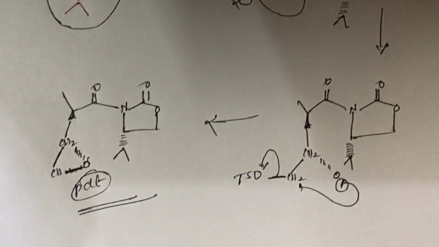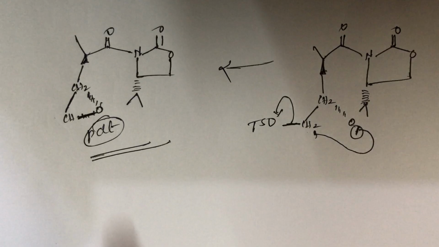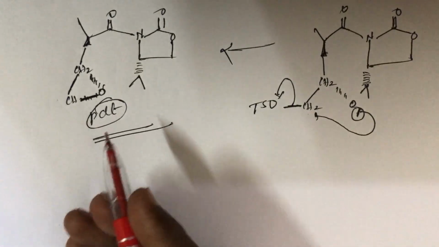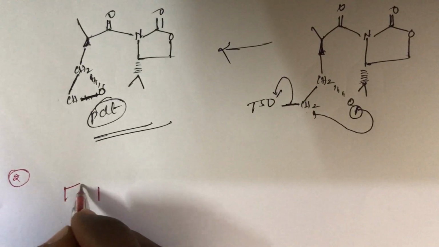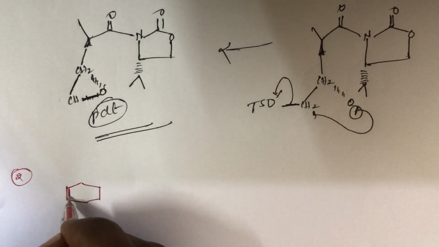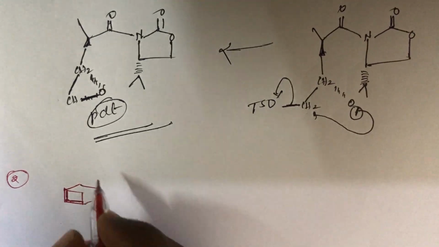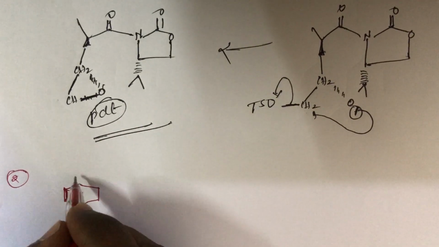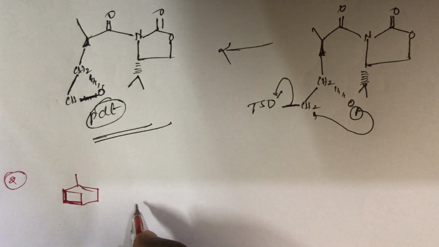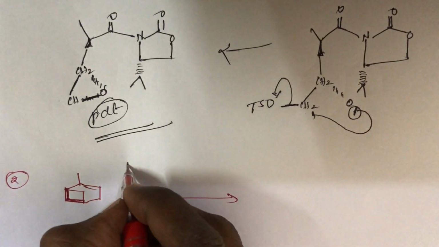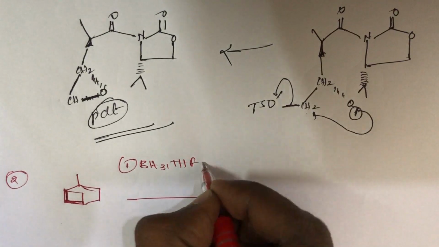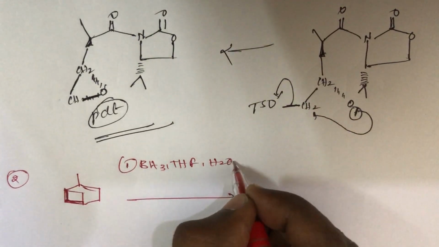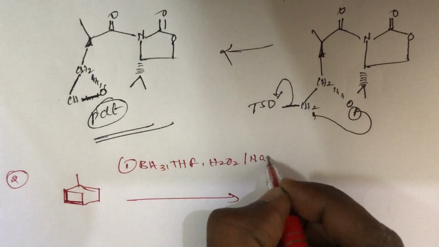And next let's move to another one, one more reaction. See here they are giving a six-membered ring with a junction. In that junction there is a double bond. First it is treated with diborane in THF, and next H2O2 peroxide and NaOH.